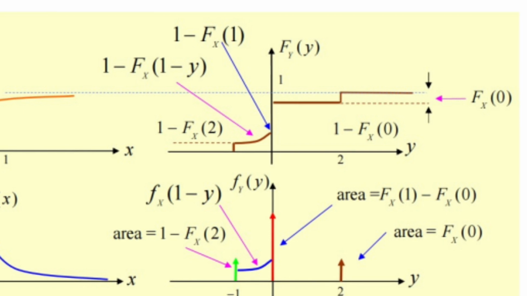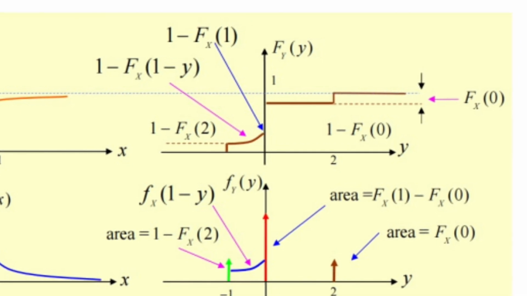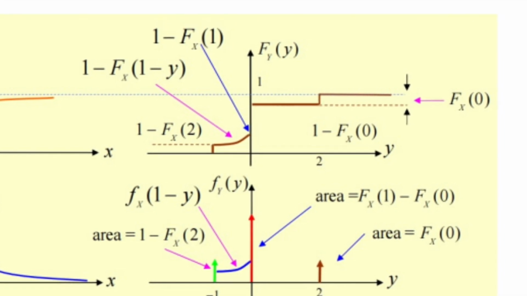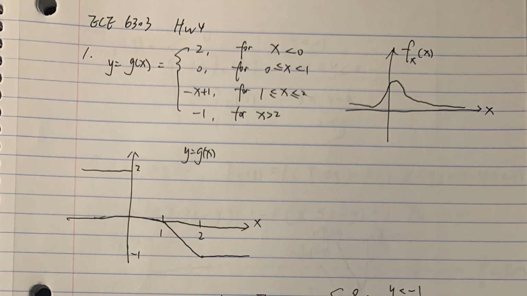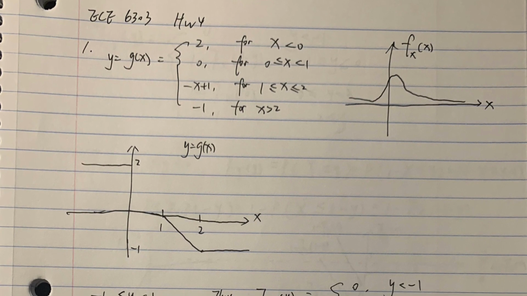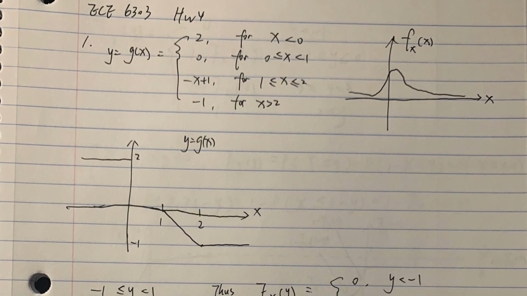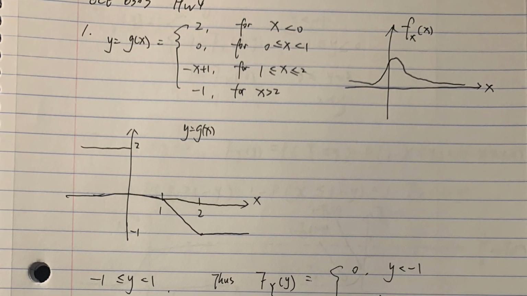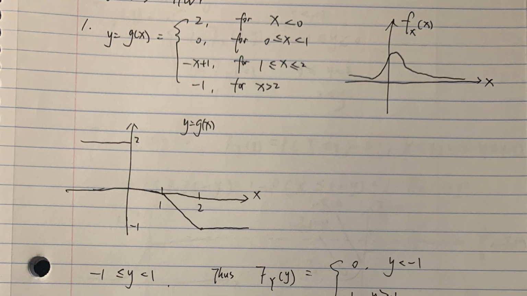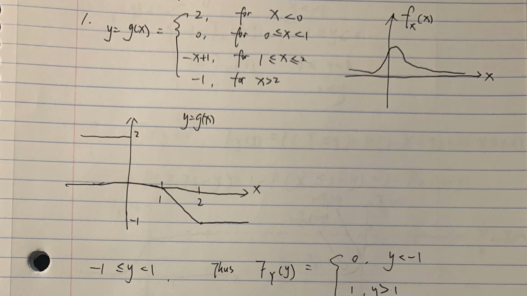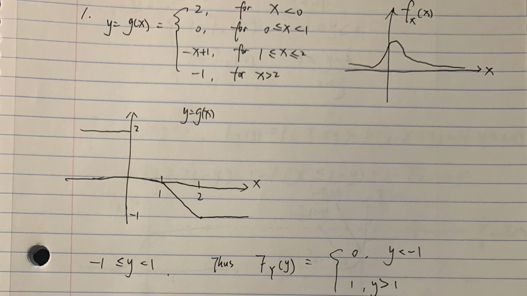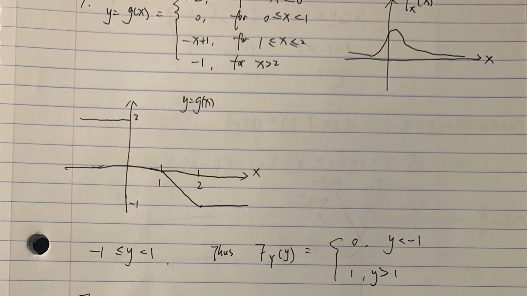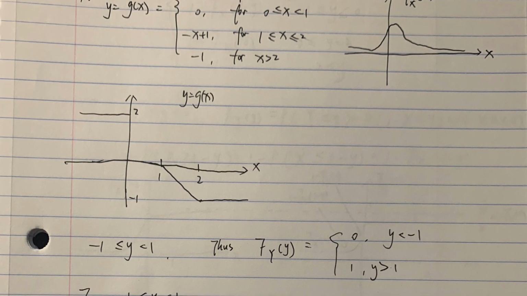And when y equals 0, the probability y equals 0 equals probability 1 bigger than x bigger than 0, equal to capital F_X(1) minus capital F_X(0). And for y equals 2, the probability y equals 2 equals probability x smaller than 0, which equals capital F_X(0). And in minus 1, 0, y equals minus x plus 1.